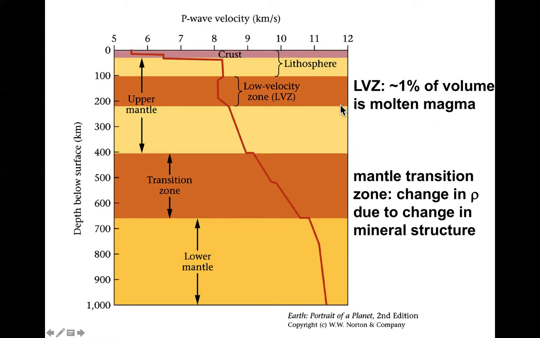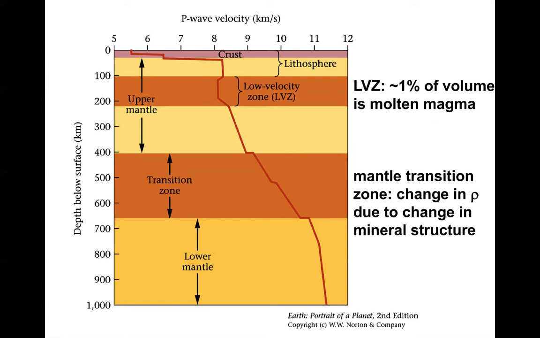But here, notice that I've indicated that the low velocity zone can be explained if about 1 to as much as 5% of its volume is molten magma.